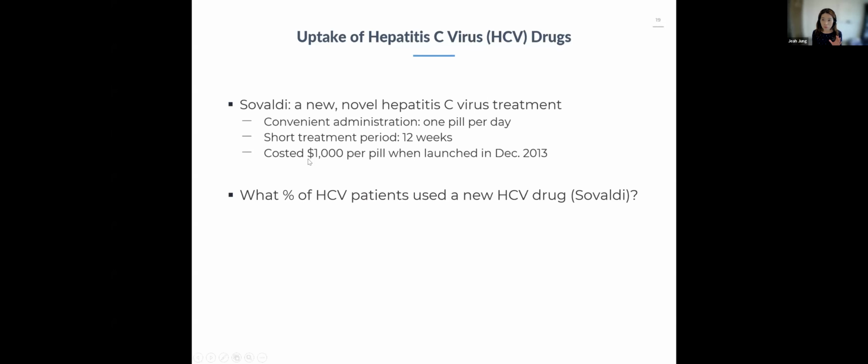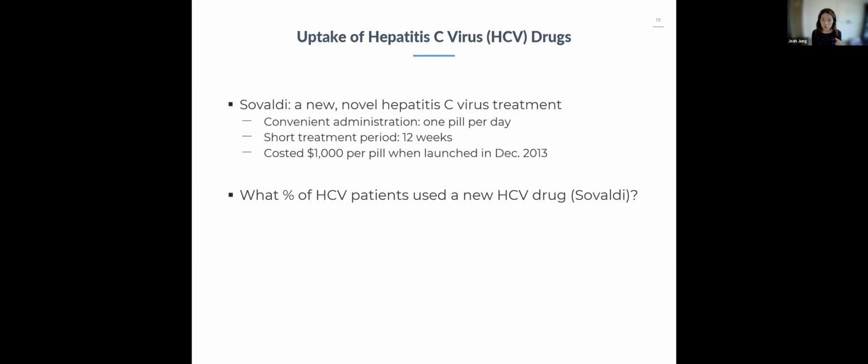But this drug was really innovative compared with the conventional drugs, and it actually cures the virus. Once you take this drug for 12 weeks, just one pill per day, which is a very convenient administration, you can actually kill the virus. Because of this innovative nature, the manufacturer charged $1,000 per pill. Then the first thing that comes to your mind as a researcher is, how many patients take the drug?